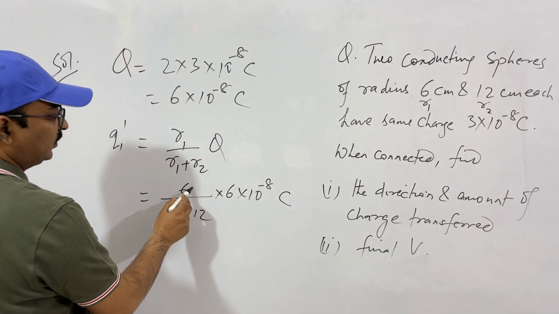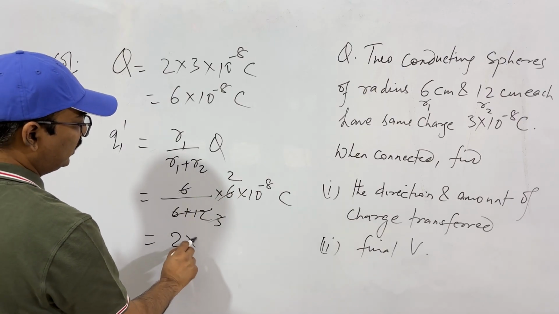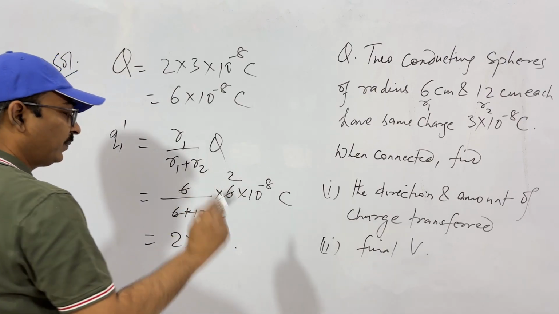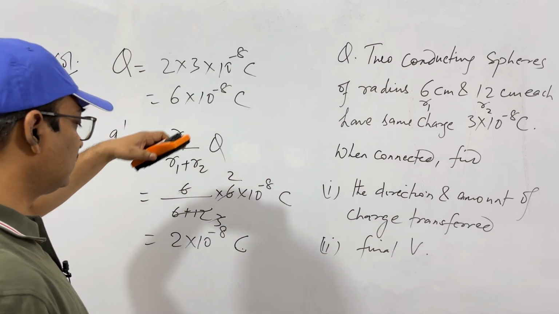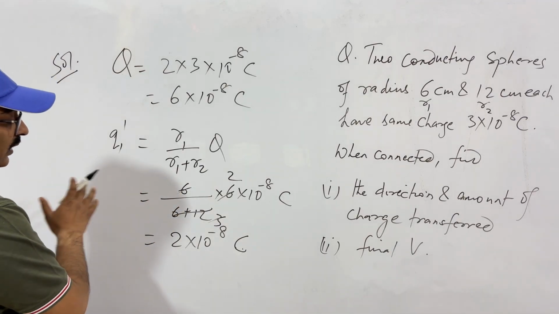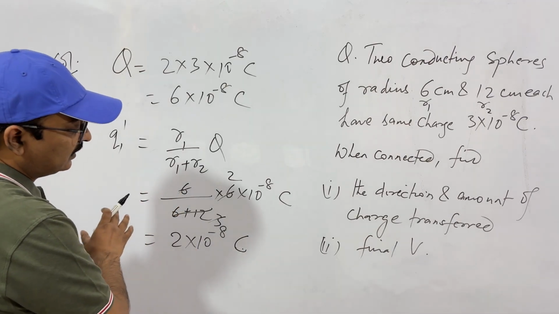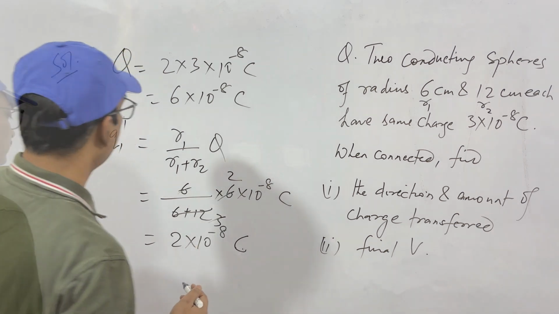This will be 1 by 3, so Q1 dash will be 2 into 10 to the power minus 8 coulombs. That is, it has dropped from 3 into 10 to the power minus 8 to 2 into 10 to the power minus 8. That means 1 into 10 to the power minus 8 coulombs has been transferred from Q1 to Q2, that is, first ball to second.